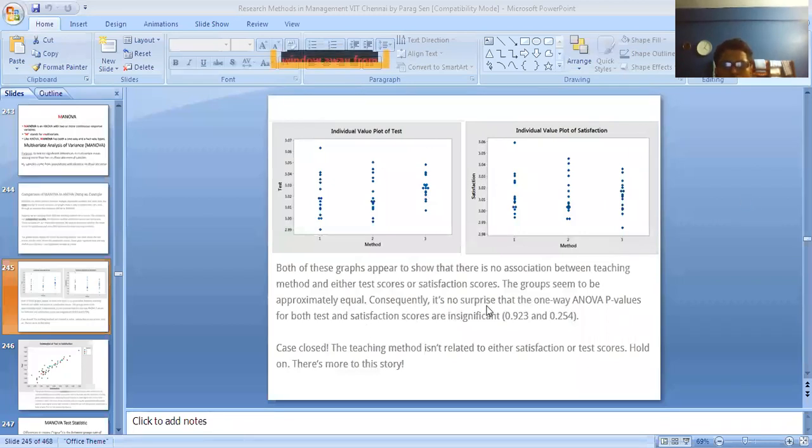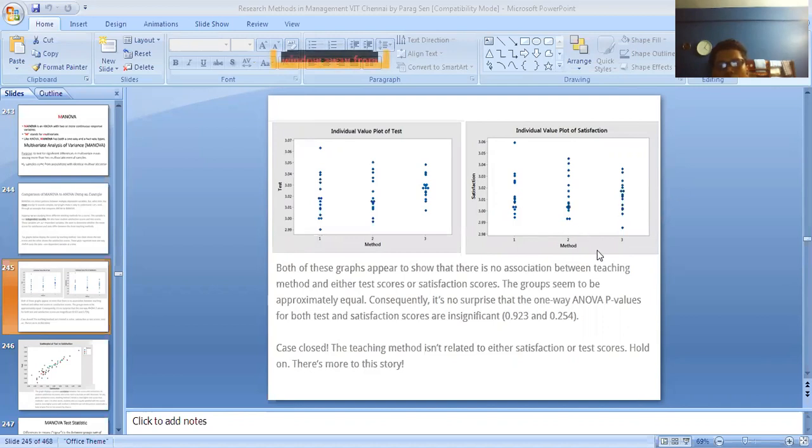Consequently, it's no surprise that the one-way ANOVA p-values for both test and satisfaction scores are insignificant, 0.923 and 0.254 respectively. Here in this case 0.923, which is greater than 0.05. Here also it is 0.254, which is greater than 0.05.